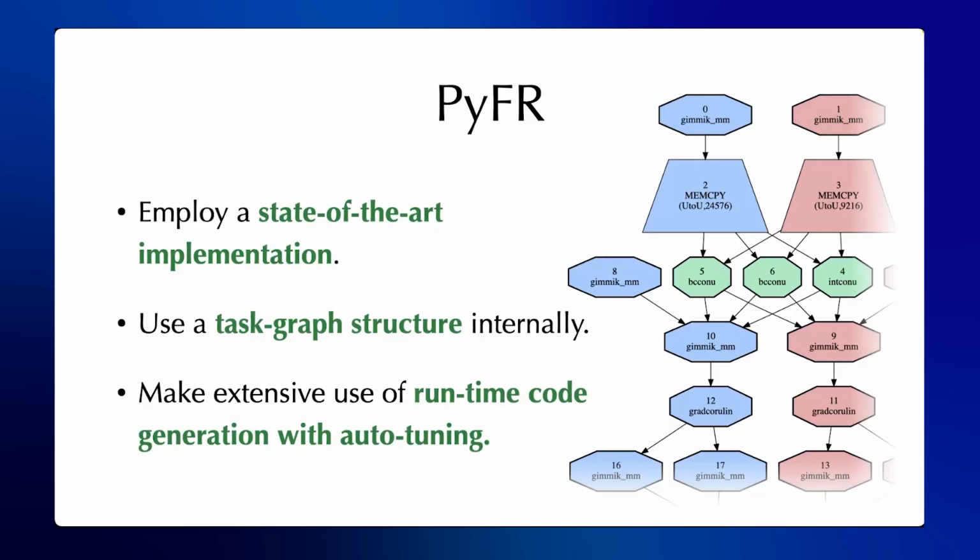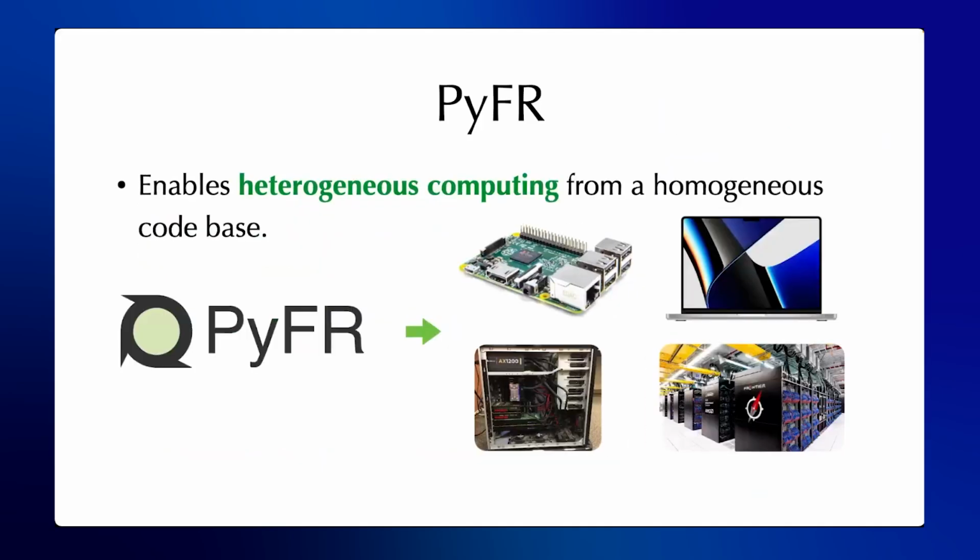And this typically makes us very robust to changes in hardware and hardware architecture, as the auto-tuning just absorbs a lot of the differences between generations. So what this, broadly speaking, allows us to do is heterogeneous computing from a homogeneous code base. Everything from a Raspberry Pi up to a large supercomputer at a national lab, so long as it's not Aurora.